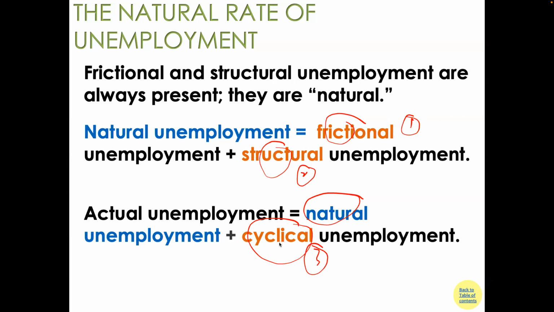Essentially it's because they are natural to the fundamentals of the economy. Remember, what is frictional? Because of scarcity of information, it is natural, right? Scarcity is the beginning of the discussion of economics. And structural, why is it natural? Just two examples, union and efficiency wage, right?